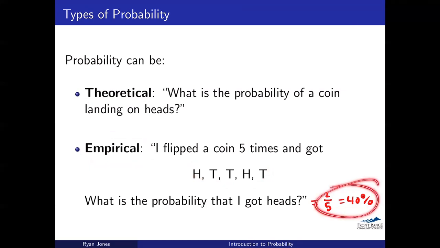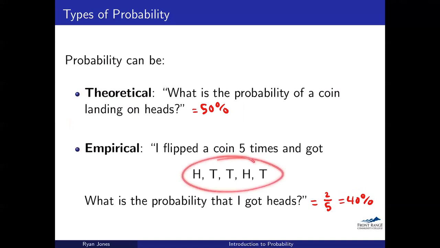Obviously, this scenario shows that it's not going to be perfect because in a theoretical and a perfect world, the probability of a coin landing on heads is 50% because it's either heads or tails. And so the question is, where do these theoretical probability and empirical probability meet? Where do they match up? And where they match up is if you do an empirical study.